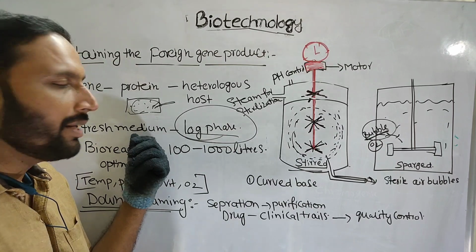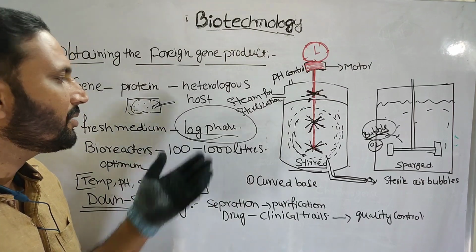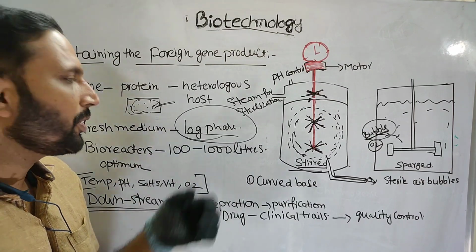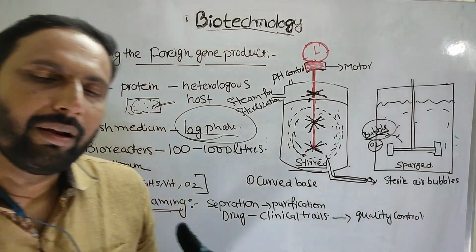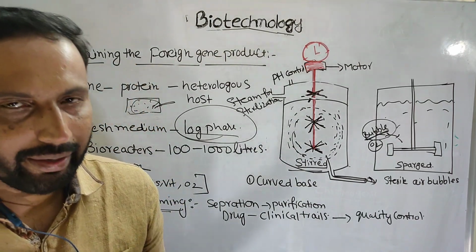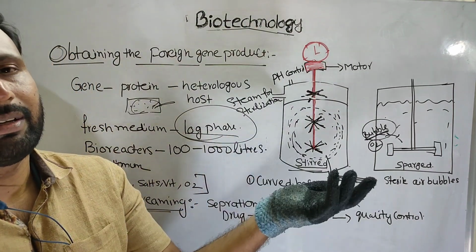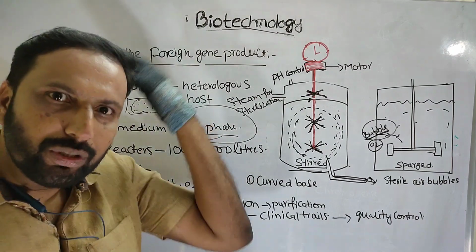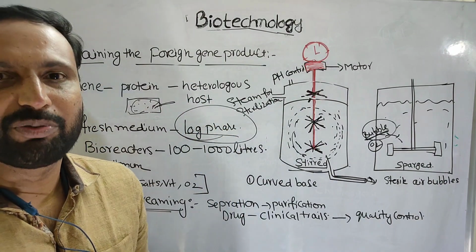Only in the fresh medium can the bacterial cells grow and multiply their number. That is called log phase or exponential phase. But what is the main logic of recombinant DNA technology? Production of useful products at the industrial level. We require 1000 liters of proteins, hormones, useful products.